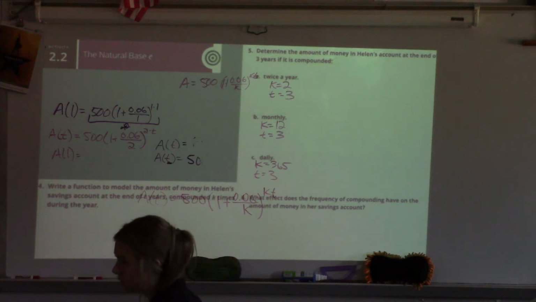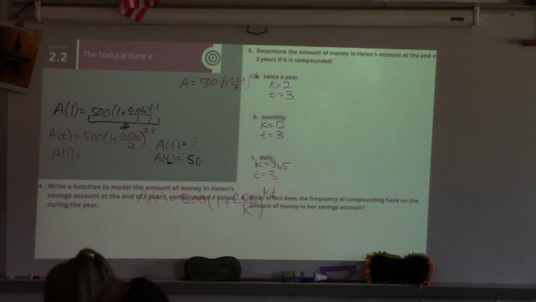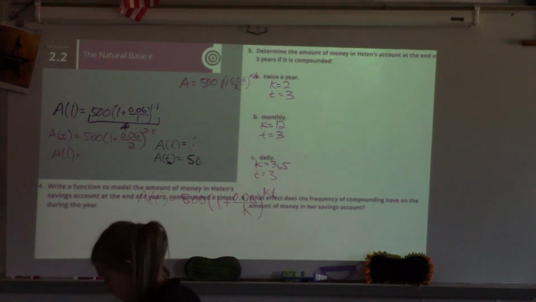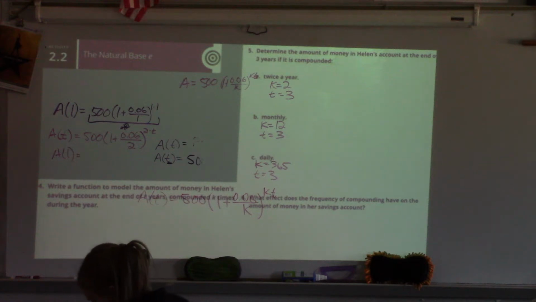P is my initial investment, always. R is always the interest rate. K is the number of compounding periods, so if they're compounding monthly, k is 12; daily, it's 365. And t is just your number of years. Does that explain it? Okay, so write those notes down.